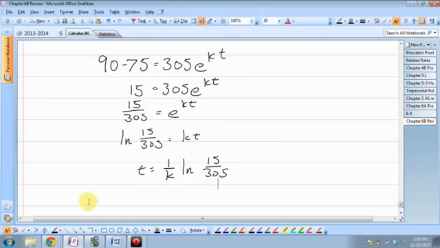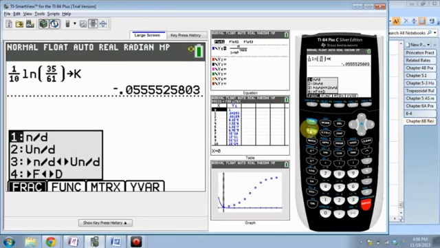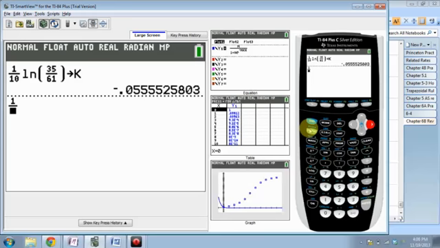Okay, calculator time. We already have k stored, so we can just say 1 over k natural log, and I forgot what it was, 15 over 305? Yes.